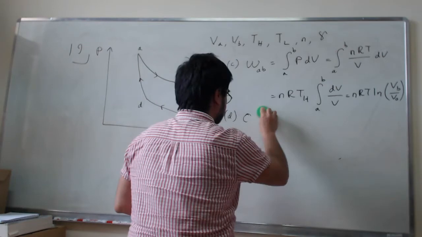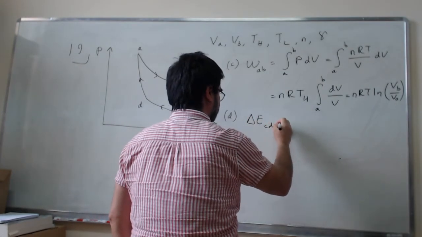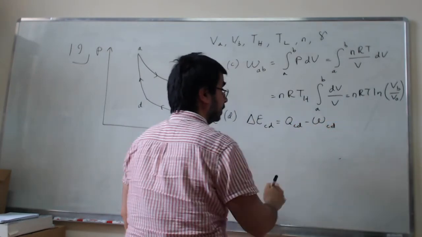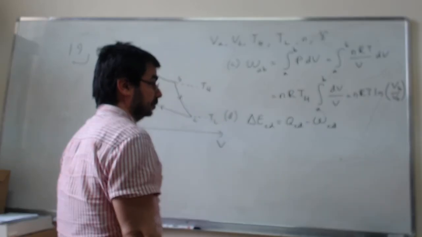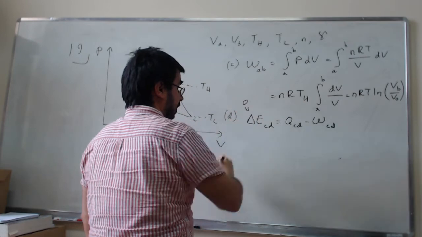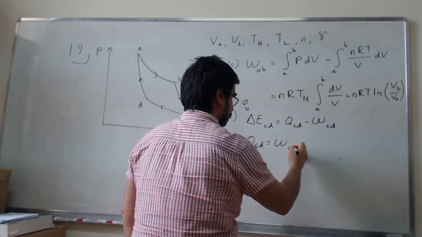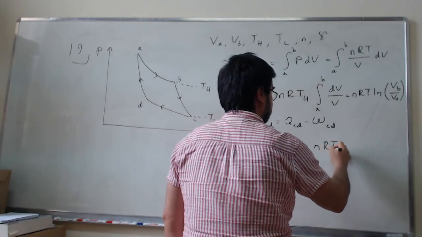So delta E from C to D is going to be Q_CD minus W_CD. Now you know how to calculate this. It's very similar to this one. It's the work done over an isotherm, and this is 0. Right, this is 0 because it's an isotherm. So Q_CD is just W_CD, but that's just nRT.